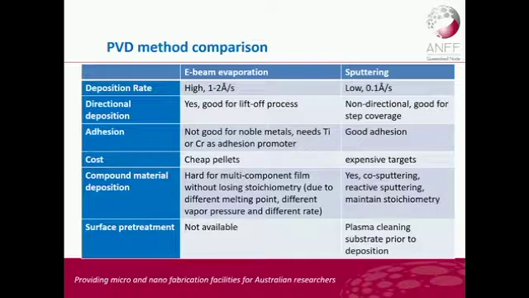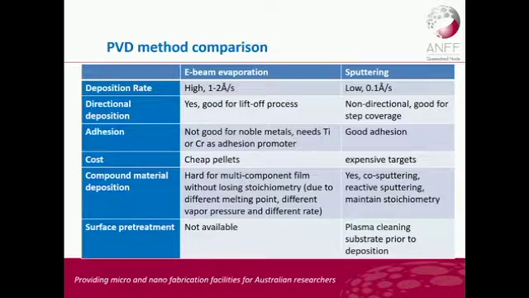So another issue is the adhesion. E-beam generally gives you a good adhesion, but for some noble metals like gold, platinum, or other material, you need titanium or chrome as adhesion promoter. And the sputtering usually gives you very good adhesion. And the cost, apart from the machine cost, is the material cost, this is consumable cost.